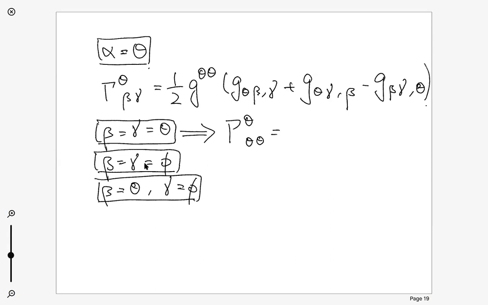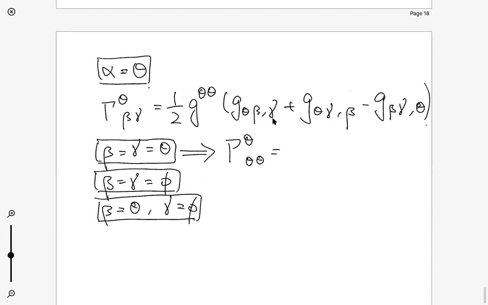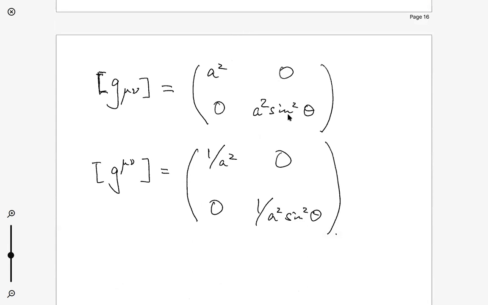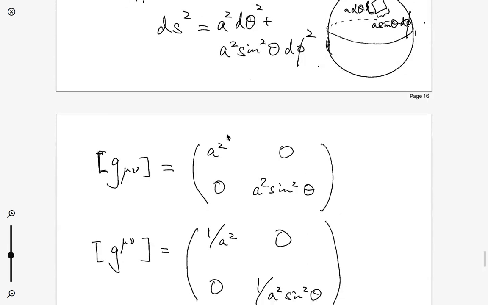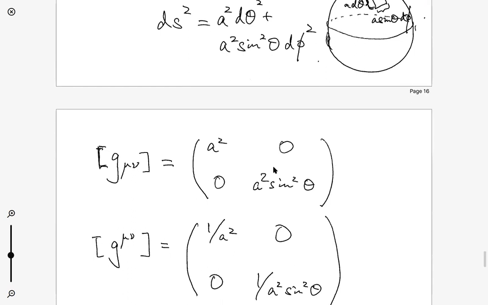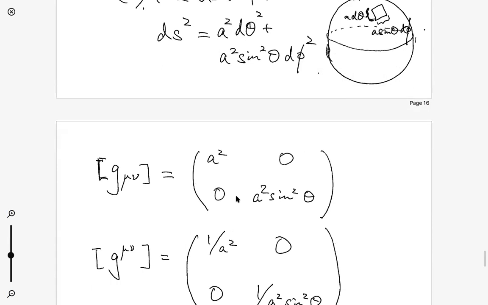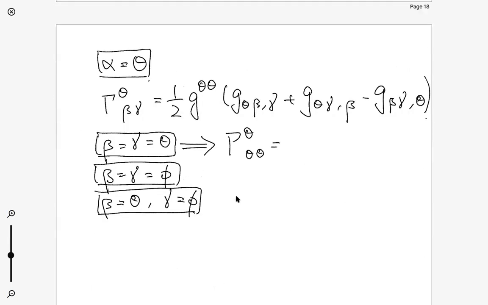So first, g theta theta here is what? It's a constant, right? Because if you look at the coefficient in front of d theta squared, it is a squared. And this is nothing but g theta theta. G theta theta is a squared, which is constant. And whenever we have constants, we'll be very happy because everything will go to 0.